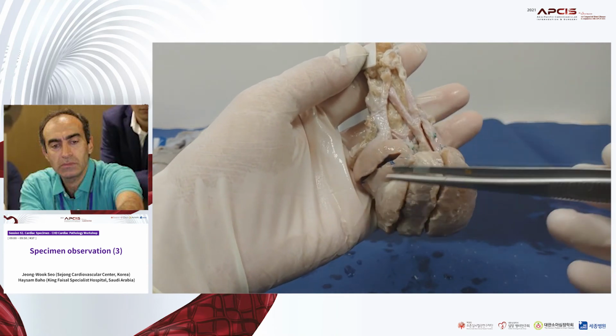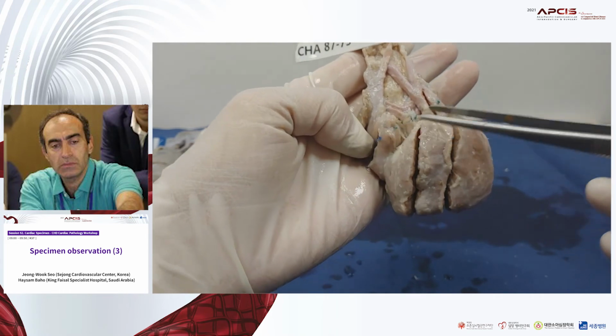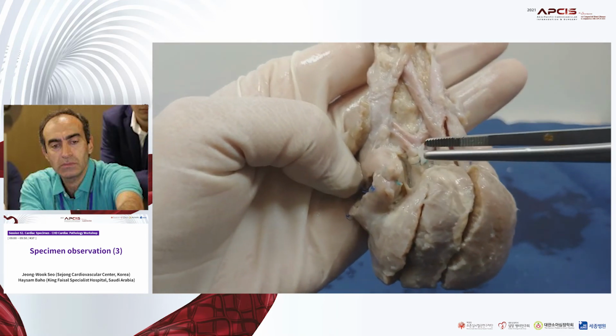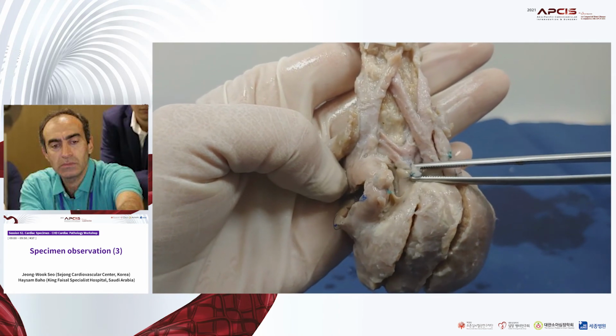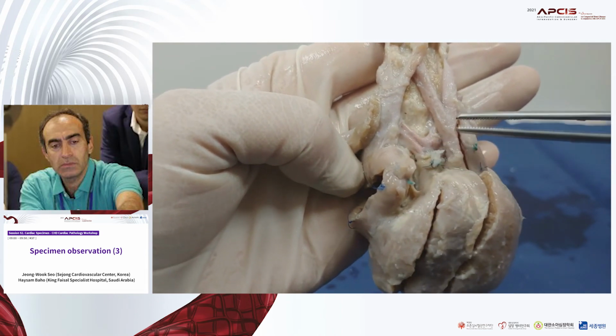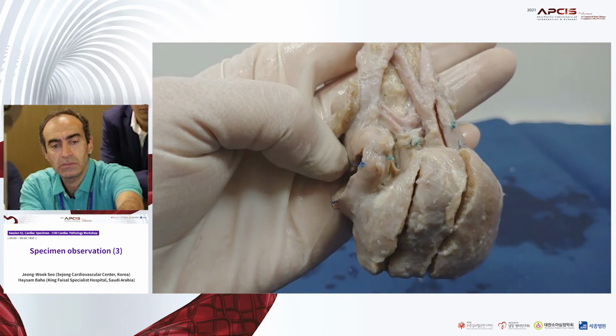So the aorta is anterior to the left, and the pulmonary artery is posterior and to the right, which is usually stenotic, but in this case it's not. So a band was surgically placed here, as you can see, to create the restriction of flow to the lungs.